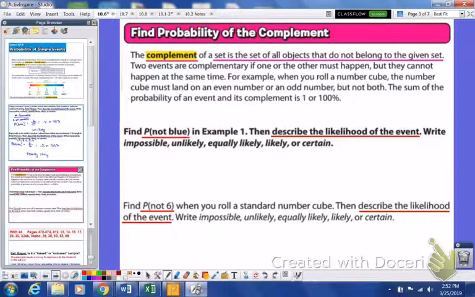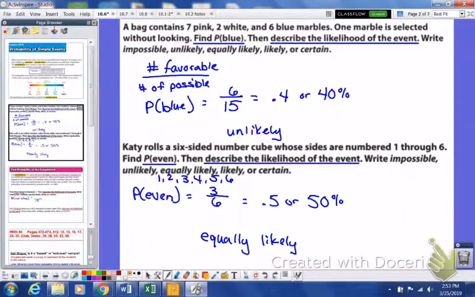Okay, so a lot of words there. If we look at our example, we want to find the probability of not blue from example 1. Then again, describe the likelihood of the event. If you remember from that example, there were 15 total marbles, so 15 total possibilities. If we flip back here, so not blue, how many of them are not blue?